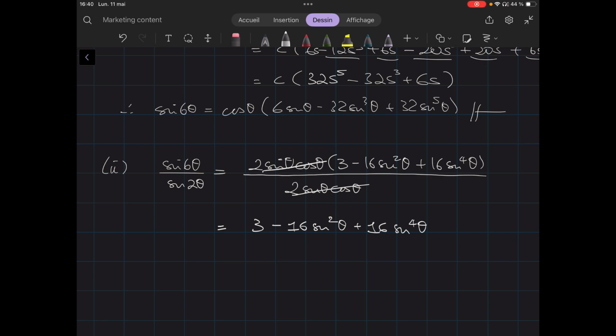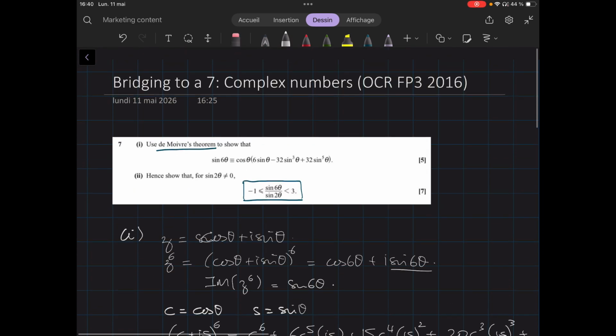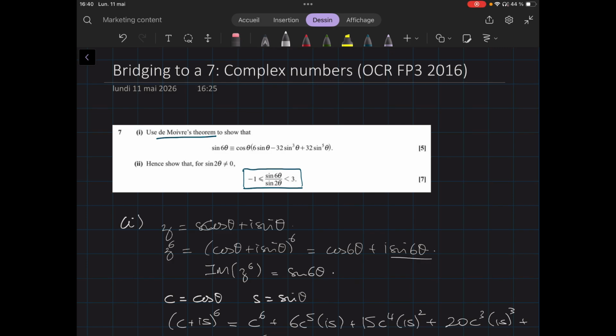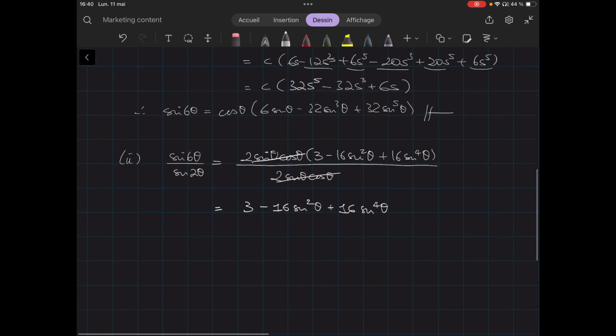Now, how can we show that this is between -1 and 3? One strategy is to complete the square.